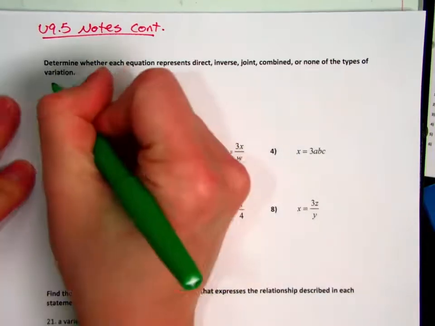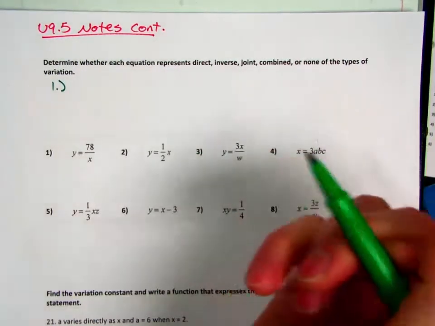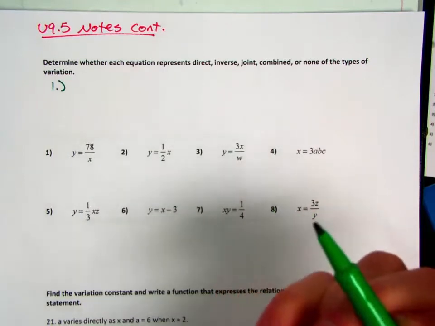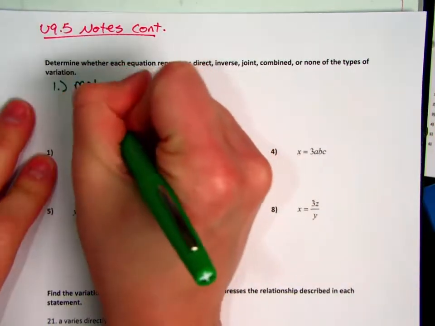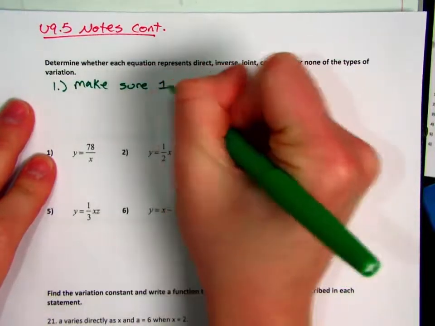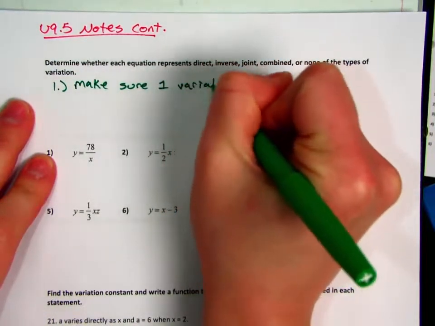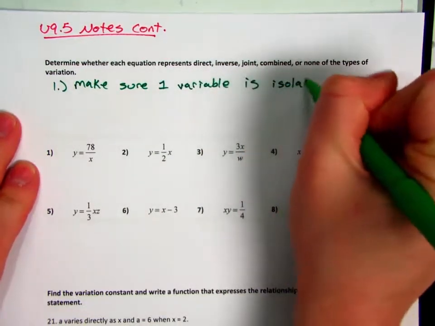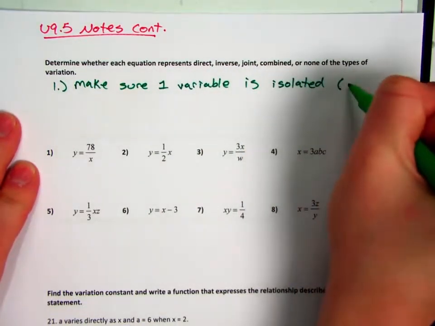So when I look at these, my first step would be to look at what the general setup is. So first, I would make sure that one variable is isolated. Or in other words, alone.